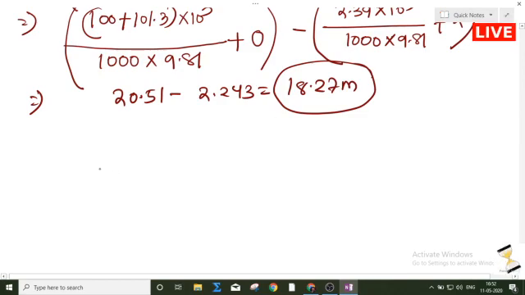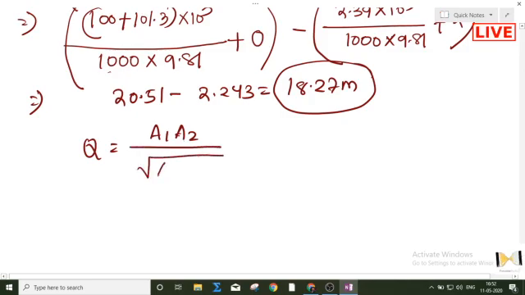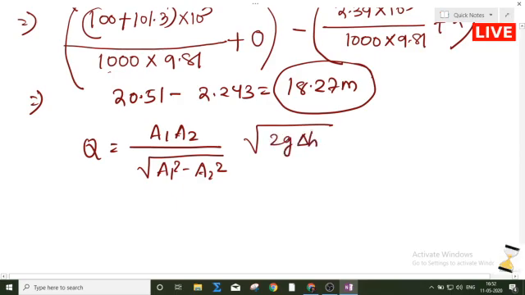Now we can use this discharge formula directly. So Q will be equal to a1 into a2, over root of a1 square minus a2 square, into root of 2g into delta h.